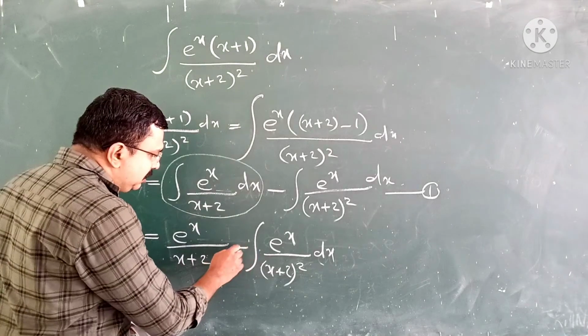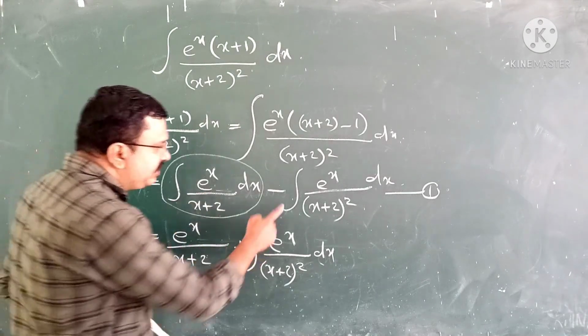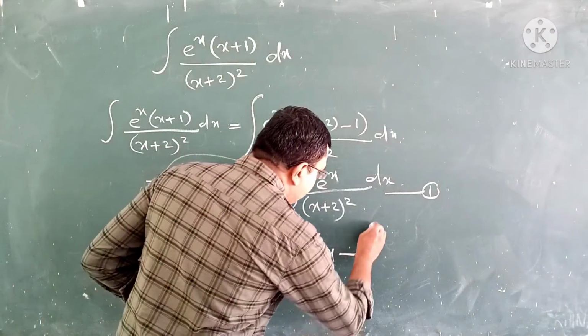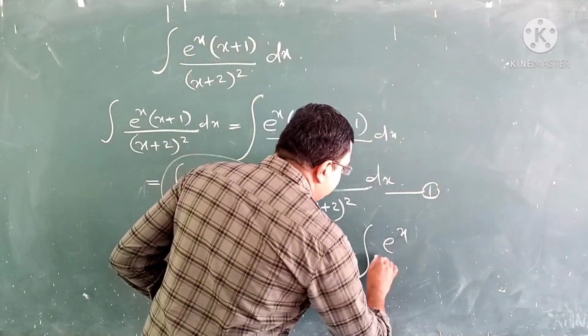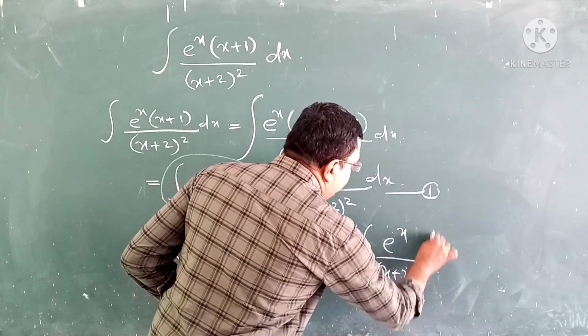Actually when we are expanding, here is plus. Then the last one is minus integral e raised to x divided by (x plus 2) square dx.